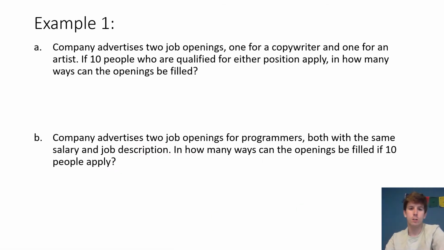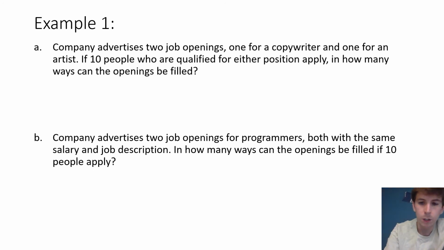All right, let's run through a few examples to get used to determining between combinations and permutations. Part A: a company advertises 2 job openings, one for copywriter and one for an artist. If 10 people who are qualified for either position apply, in how many ways can the openings be filled?